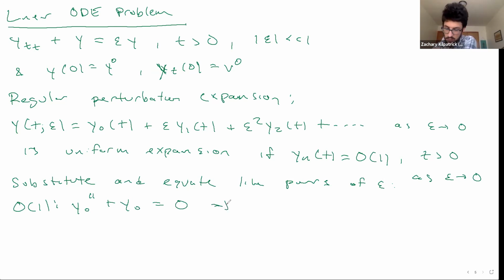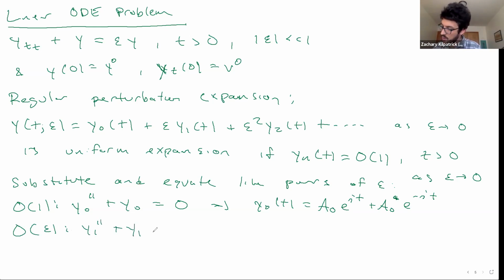We can solve that. Let's write out the complex exponential version of that. So we get y0 = A0 e^(it) + A0* e^(-it). At order epsilon, we have y1'' + y1 = y0.